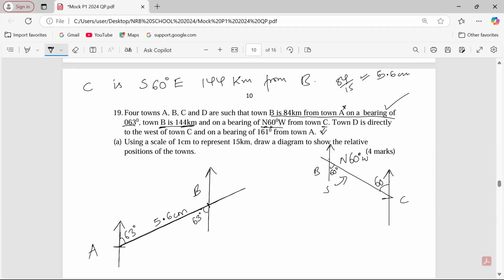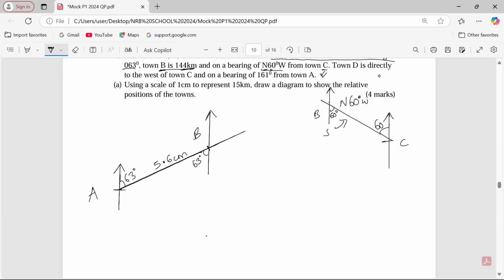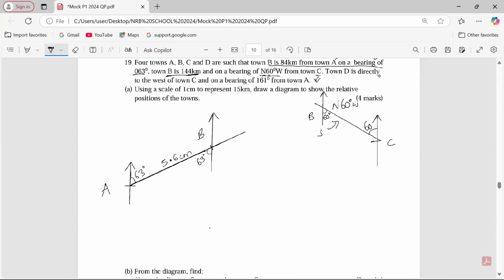Again, we confirm the distance to be measured there. 144 divided by 15, we measure 9.6. So this is represented by 9.6 centimeters according to the scale. We measure 60 this time round from the south. Remember, 60 can also be constructed without even being measured.